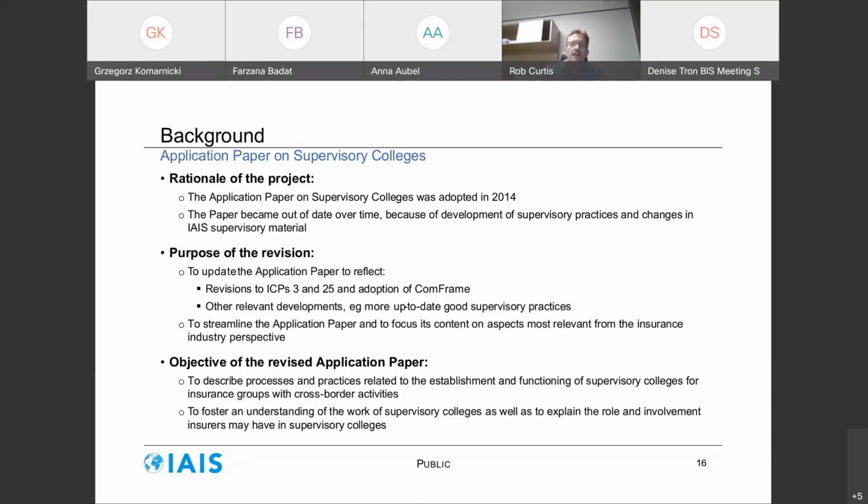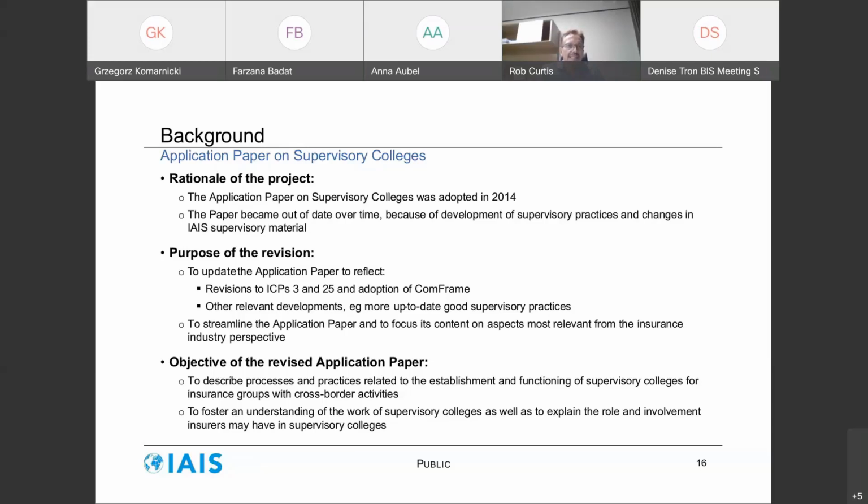The original paper included a lot of details about internal aspects of supervisory cooperation. As part of the revision, we've taken the opportunity to streamline and focus on processes and practices related to the establishment and functioning of supervisory colleges, most relevant from the stakeholder perspective.